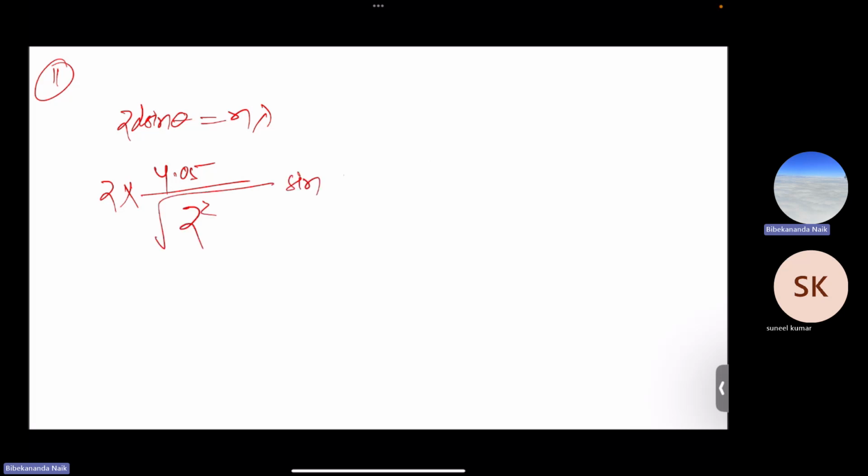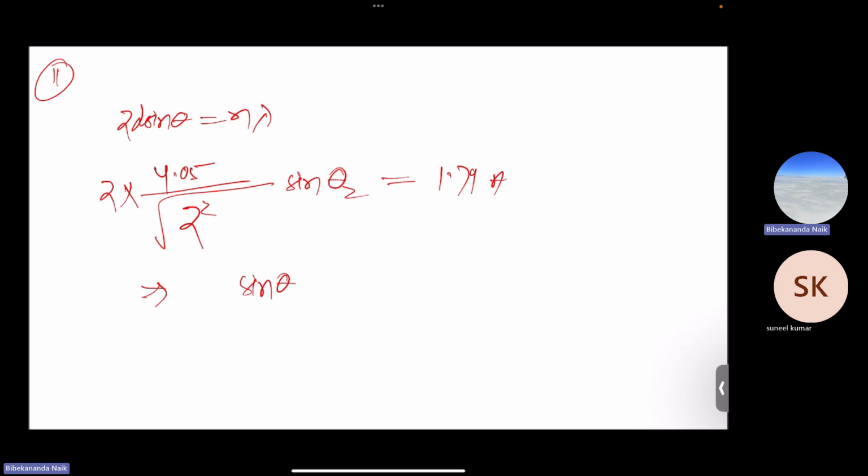Similarly, for the second, 2d sine theta equals n lambda. 2 into d is 4.05 divided by root 2, into sine theta 2 equals lambda, which is 1.79 Angstrom.